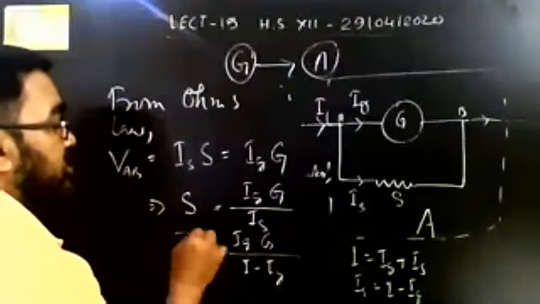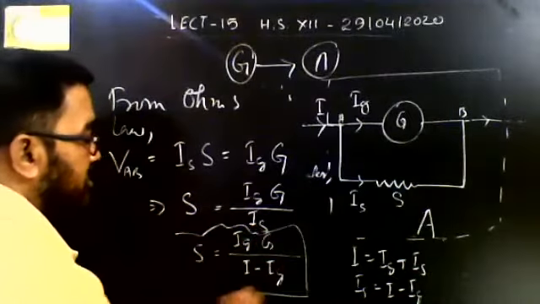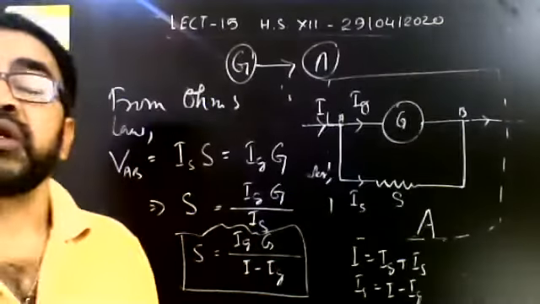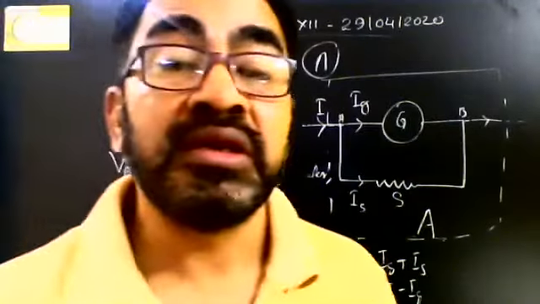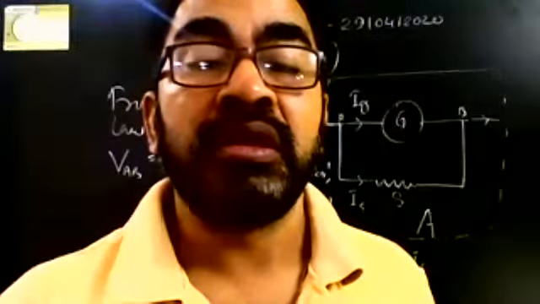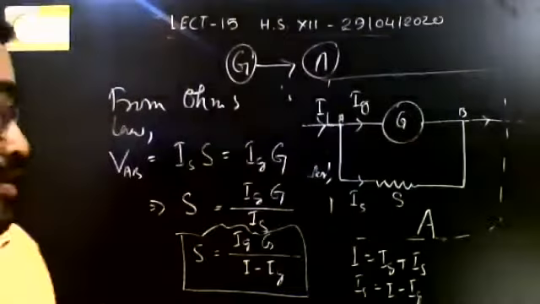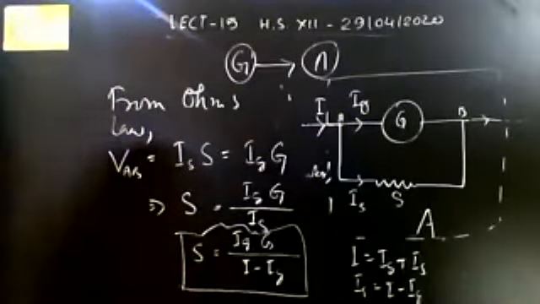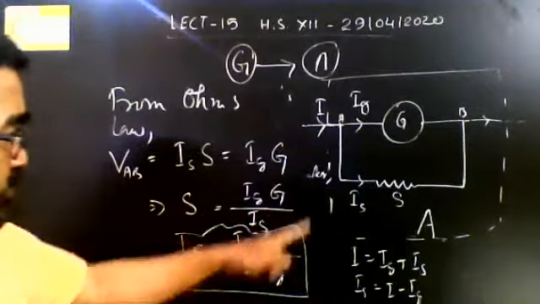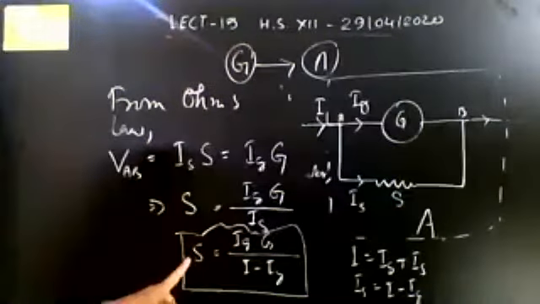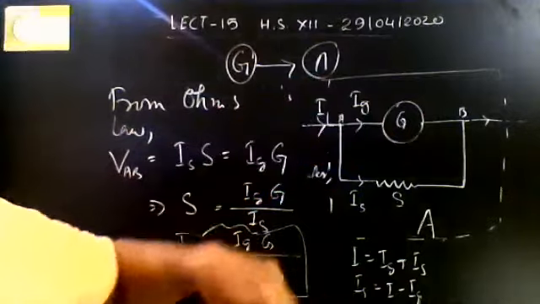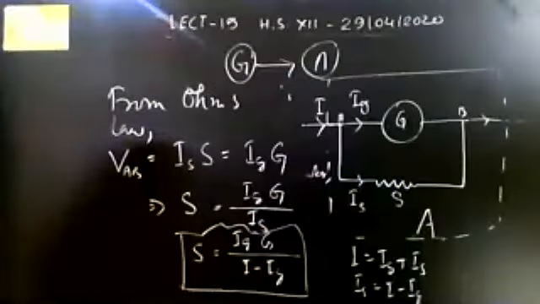Using this relation, you can easily calculate the value of S, right? So this is the way to find out the value of shunt resistance to convert a galvanometer into an ammeter. Let us solve some problems. Okay.